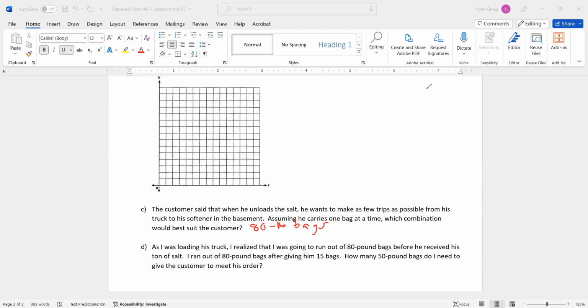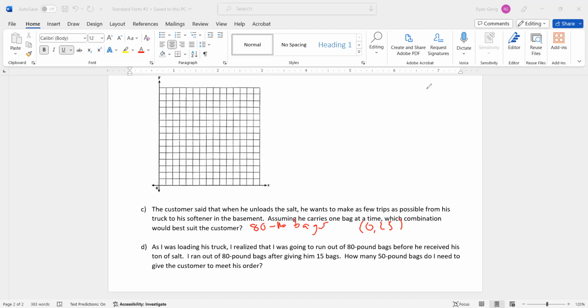Some people, it's not. So he wants 80-pound bags. Okay, which combination would best suit the customer? Well, all 80-pound bags. And so that combination would be 0 50-pound bags and 25 80-pound bags. That would be the combination that would suit the customer the best.